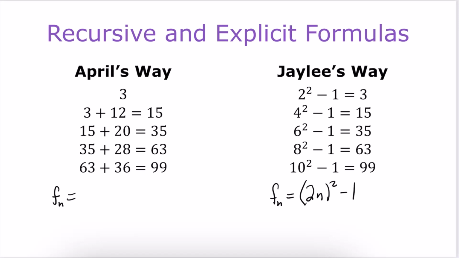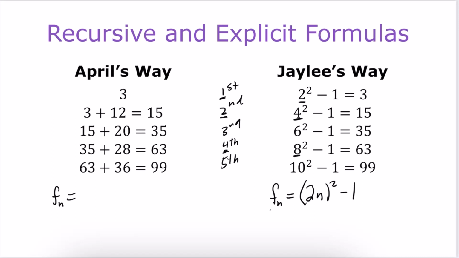The basic idea is that for the first term, you take the 1 and double it to get the 2, then square that and subtract 1. For the second term, you multiply the term number by 2, which gives you 4, then square that and subtract 1. Same thing with the third, the fourth and the fifth: if you take the fourth, you double the number 4 to get 8, then square it and subtract 1.